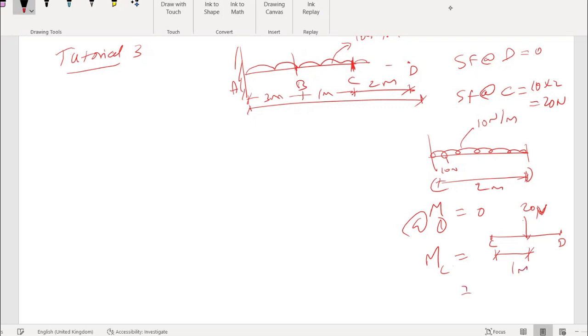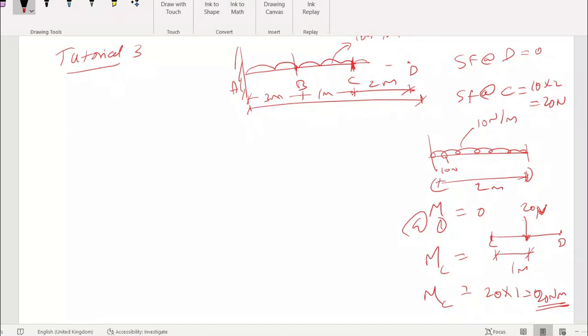So my moment at C will be 20 times 1, because it's acting at half the distance, the middle of the span. So 20 Newton meter is the moment. Is this clear? I stop here.